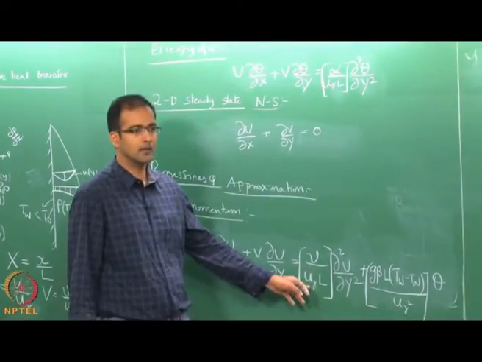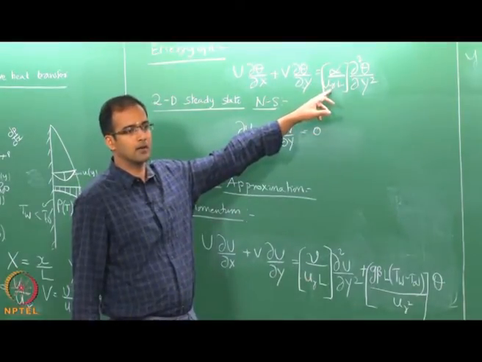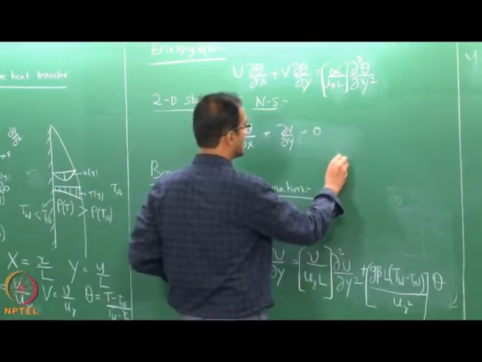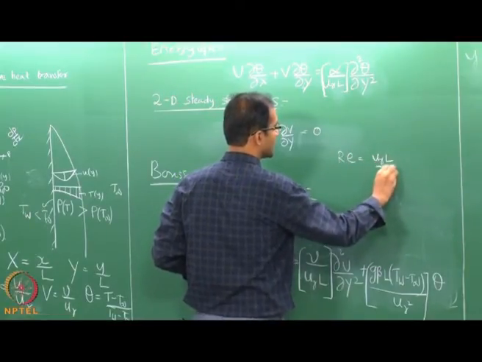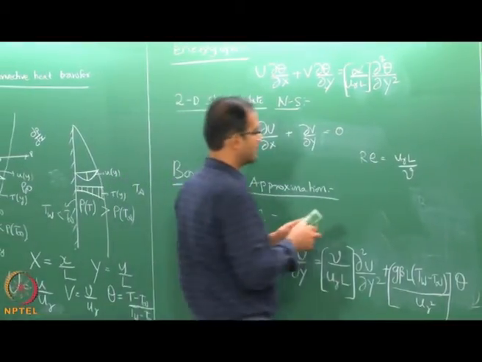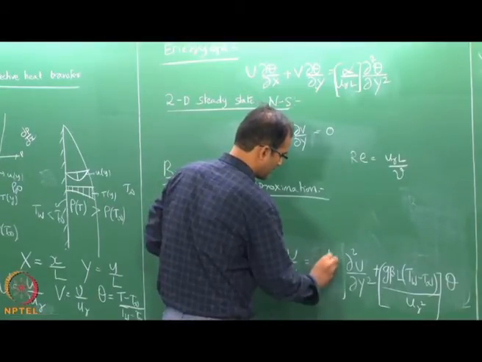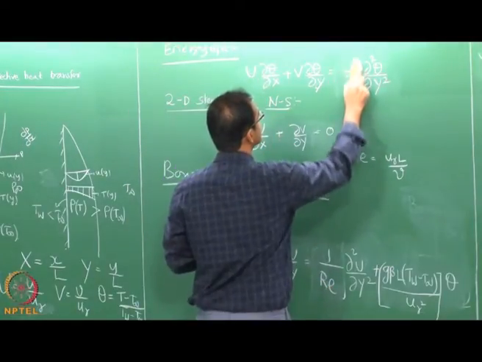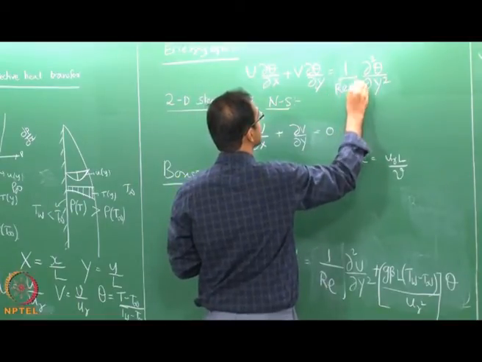So, you have therefore 1 over Reynolds number here, okay, and you have 1 over Reynolds number times Prandtl number. Okay. So, if you define your Reynolds number now as u r into L by nu, some reference velocity times the total plate length, you can therefore write this as 1 over Reynolds number and this as 1 over Reynolds number times Prandtl number.